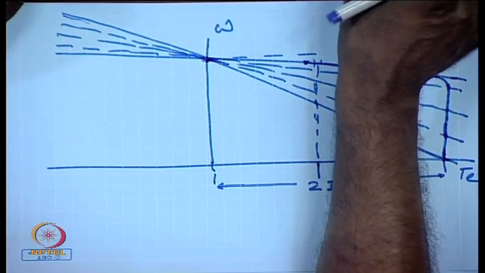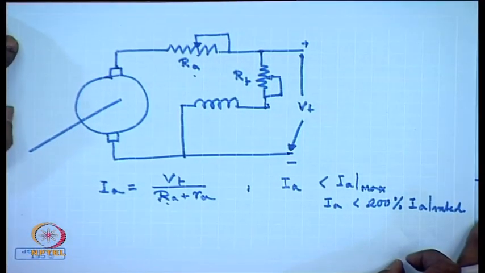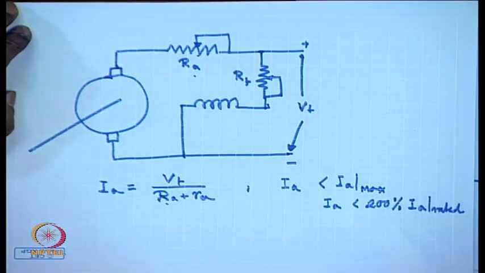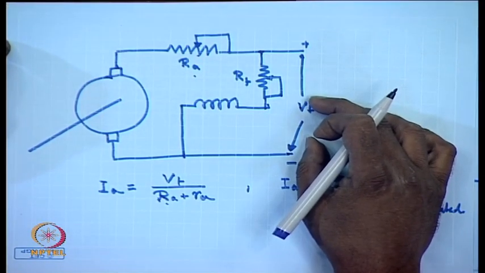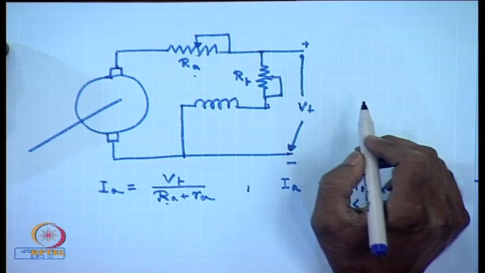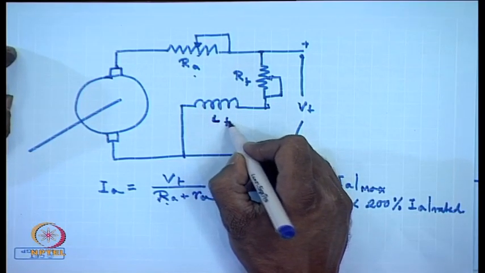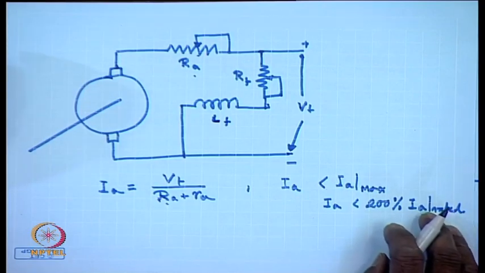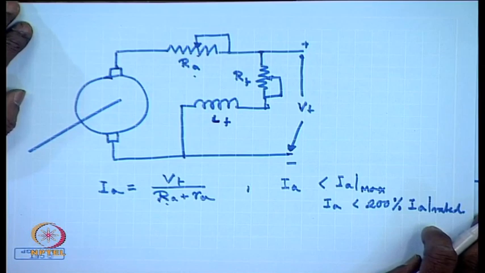Another point that should be kept in mind is that before the motor supply is given to the armature circuit, the field circuit must be excited first, because the field has a large inductance in addition to the resistance of L_F, and the current in the field will take some time to develop.